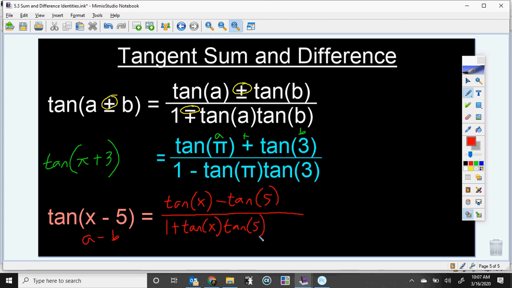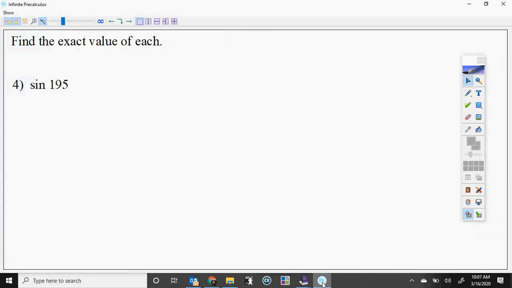And that's what I ended up with. So hopefully those don't seem very difficult, because they're not. They look maybe a little different, but they're actually not that difficult to use.